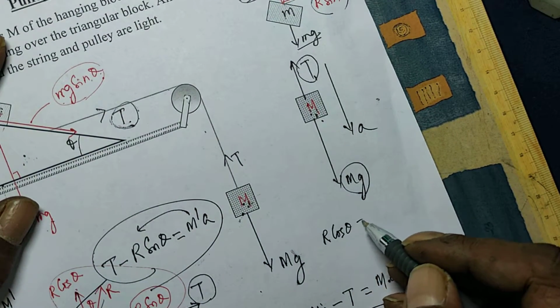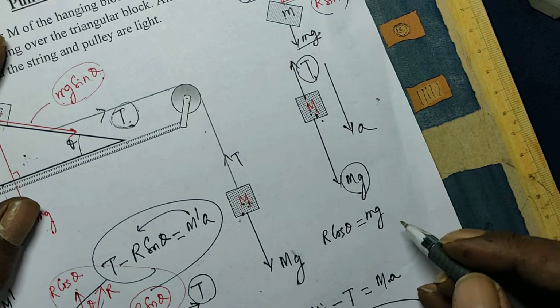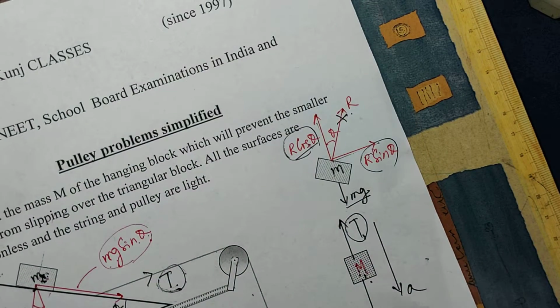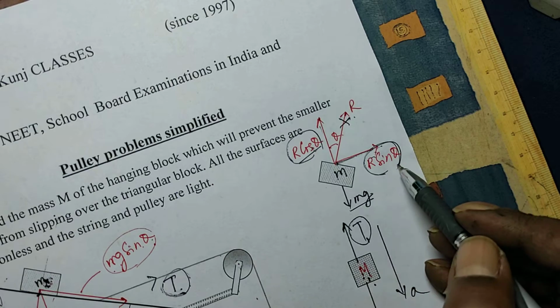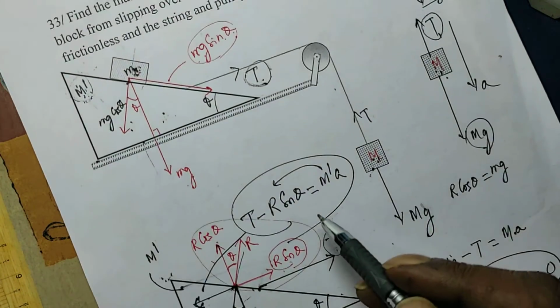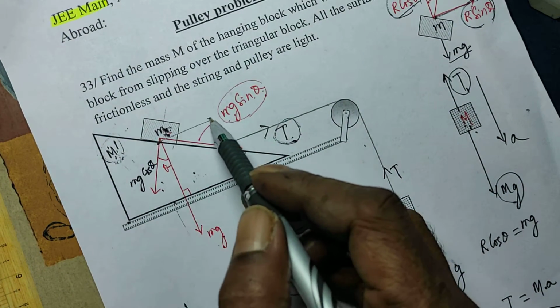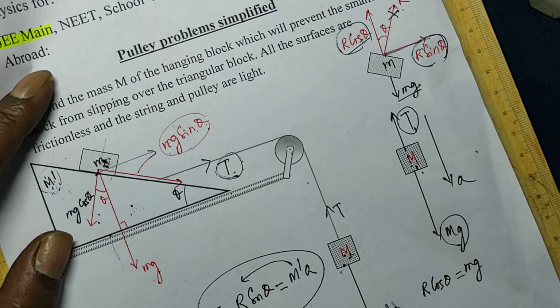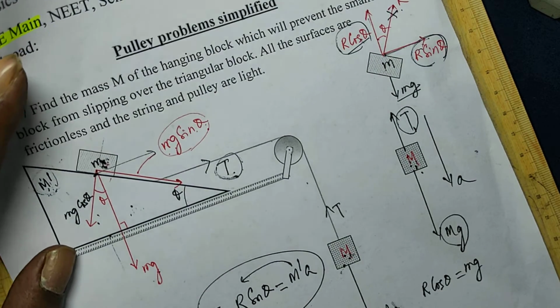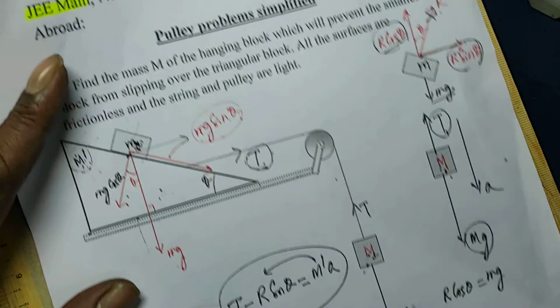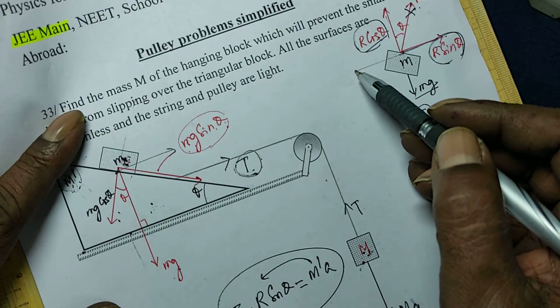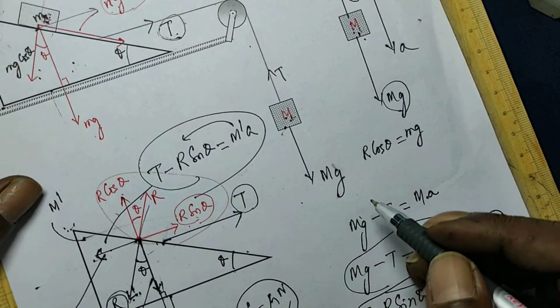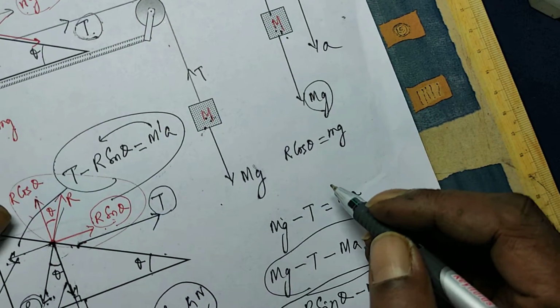R cosine theta is m times g, and this R sin theta for this block towards right, so that will be its mass times acceleration. There is no opposing force to this side. So I write it here.